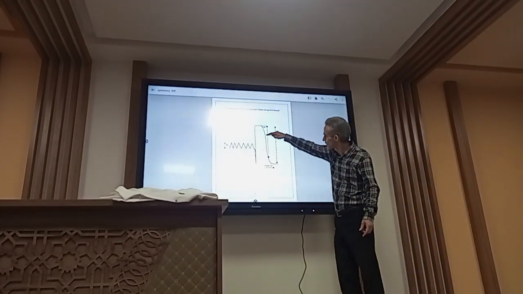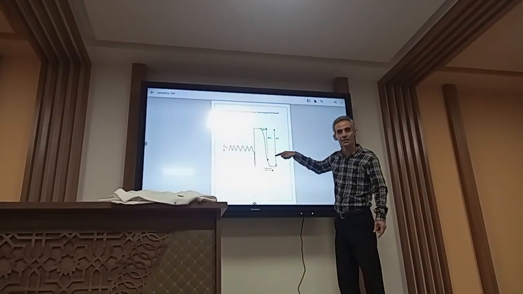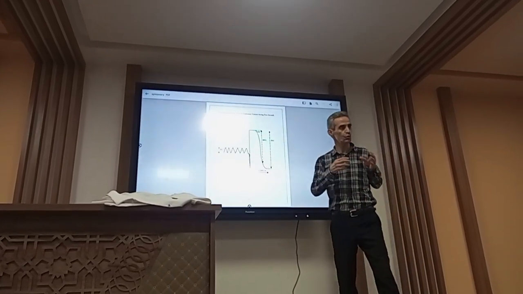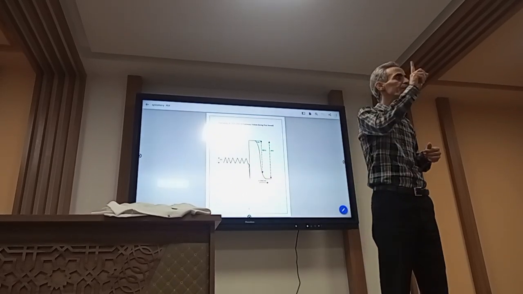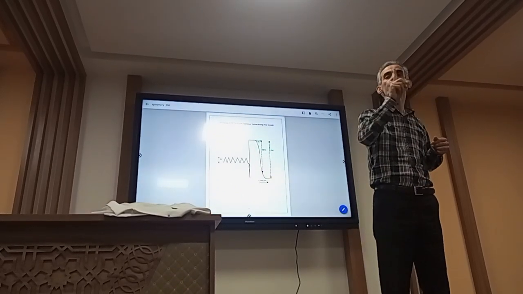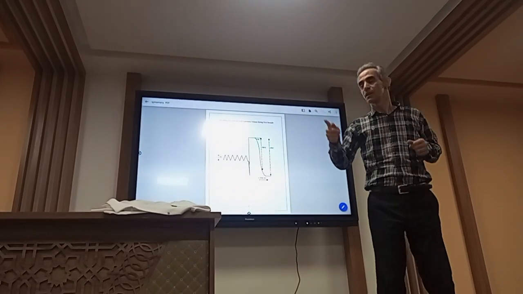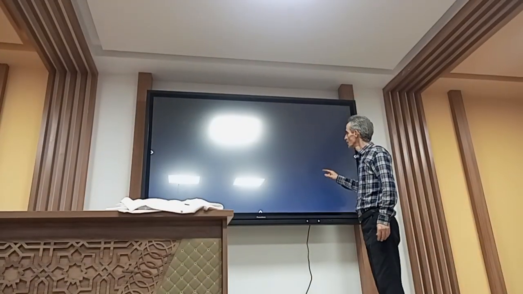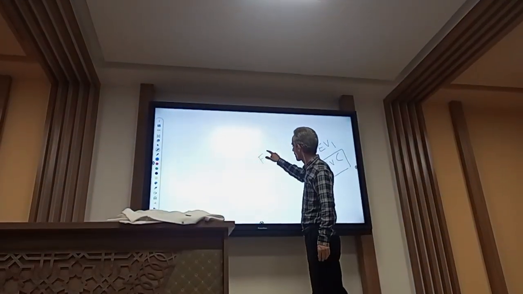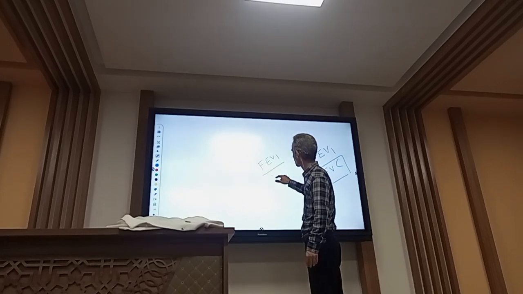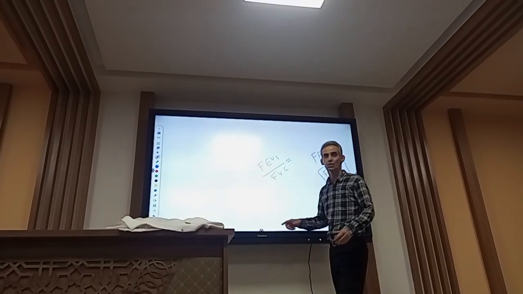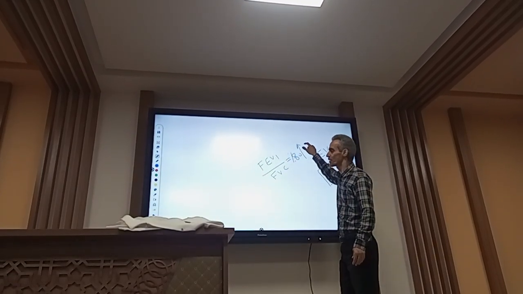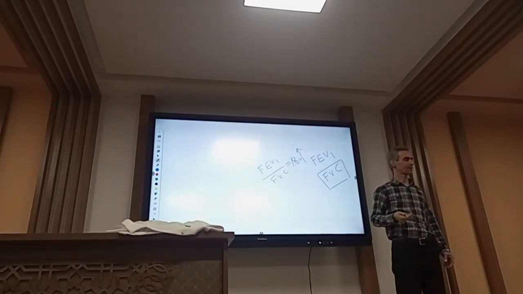This exhalation is this, and from this exhalation, 80% should be expelled during the first one second. This volume is named FEV1. So for calculation, we use this ratio, FEV1 to FVC, and in the normal range, this ratio should be more than 80%.